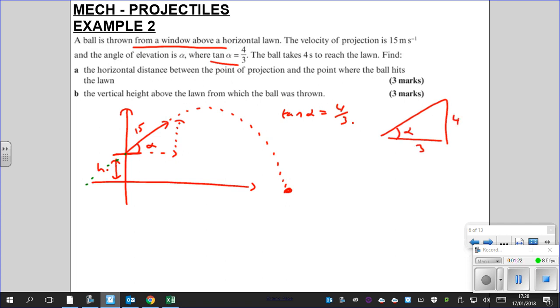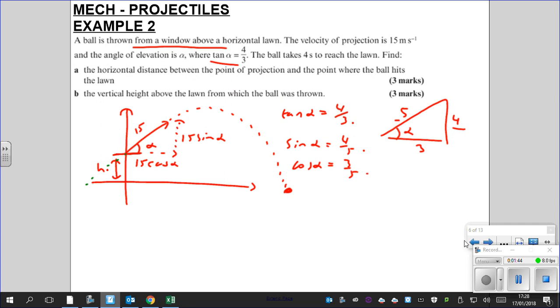Tan is opposite over adjacent, so you know that's 5. And as this is 15 cos alpha, and this is 15 sine alpha, it means that you can find sine alpha and cos alpha straight away. So sine alpha is opposite over hypotenuse, so that's 4/5, and cos alpha is 3/5.